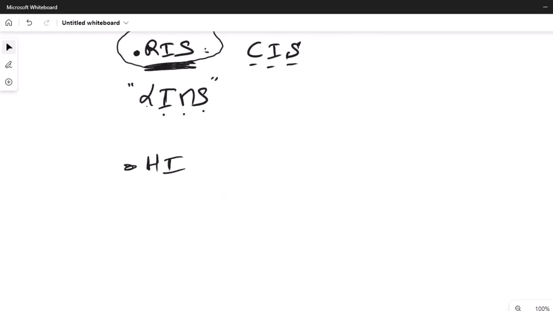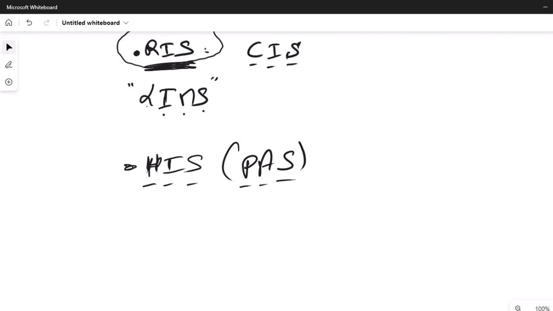Okay, let's talk about the HIS now. HIS, or we can find the PAS. That stands for Hospital Information System or Patient Administration System. So this is a database application just like the others, and its primary function is to store the demographic and control details of patients.